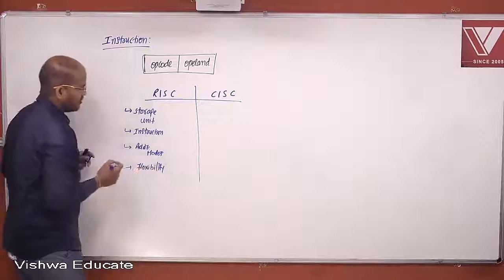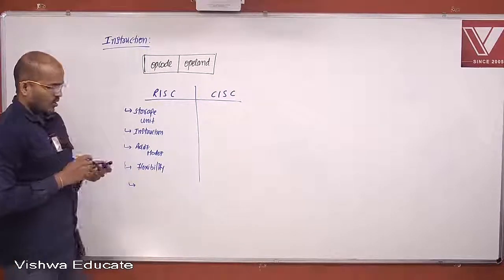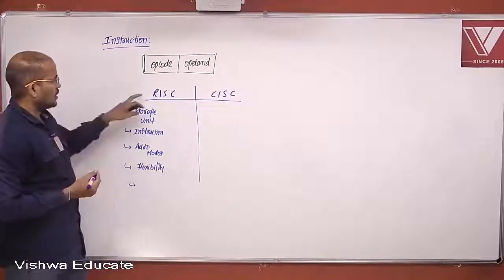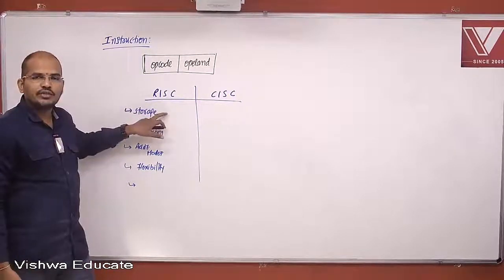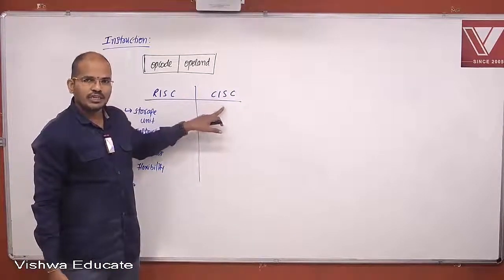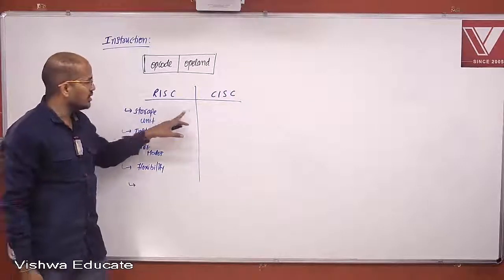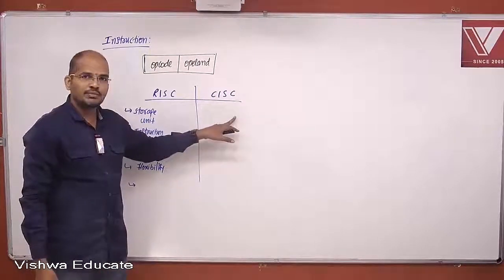Next is flexibility. RISC stands for reduced instruction set computer. CISC stands for complex instruction set computer. The storage unit is registers here. It is registers as well as memory locations.